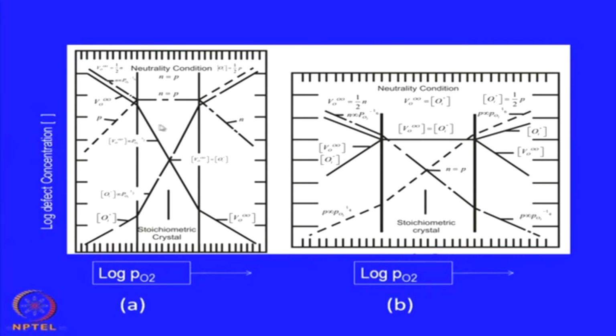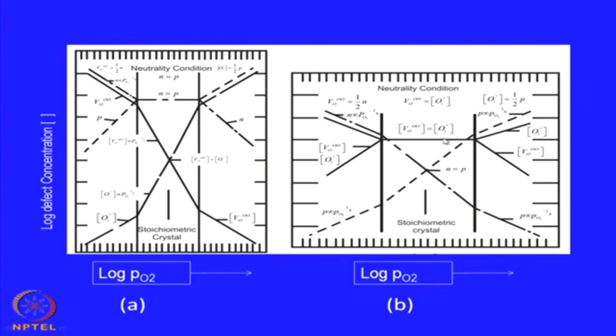The difference between this diagram and this diagram is, you can see here this oxygen vacancy and oxygen interstitials are same in this flat region. This is PO2 independent region, okay.